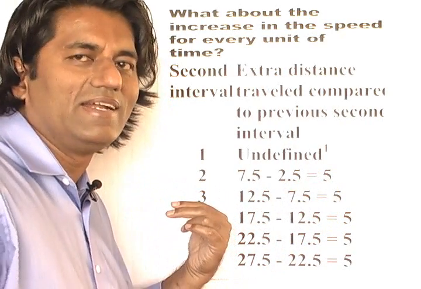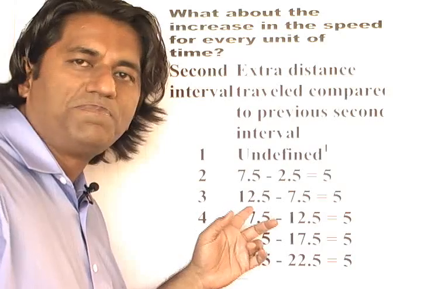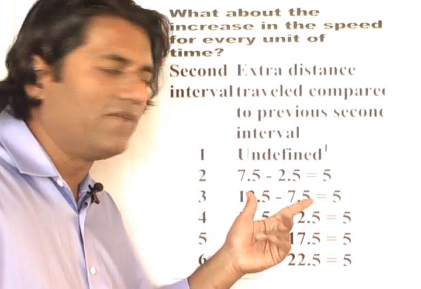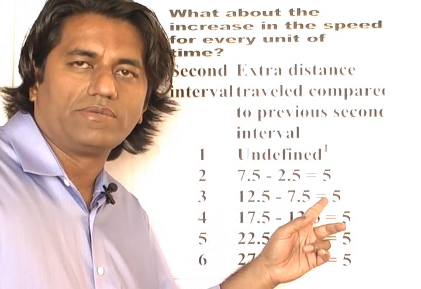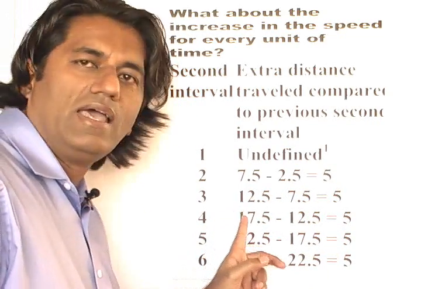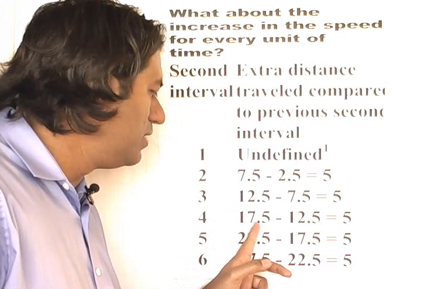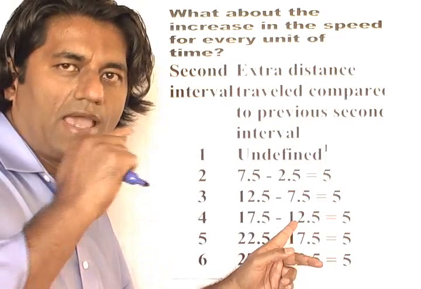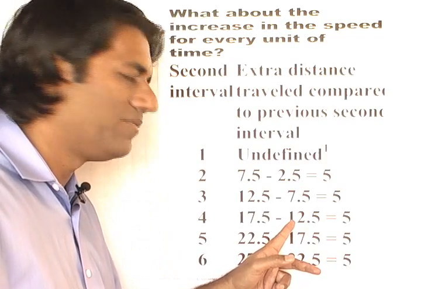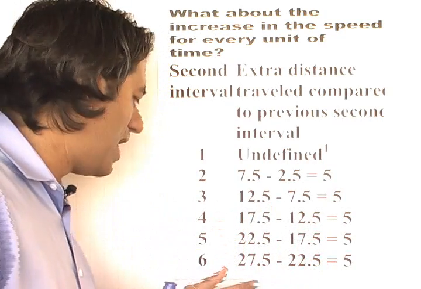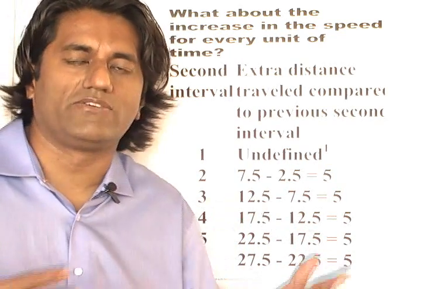Well, in the third second interval, the speed was 12.5, whereas in the second interval it was 7.5. So the increase in speed was again 5. Similarly, in the fourth second interval, the speed was 17.5, which is an increase of 5 over the speed at the third second interval. Similarly, for the fifth second interval, speed again increased by 5, and the sixth second interval, speed again increased by 5. Wow.